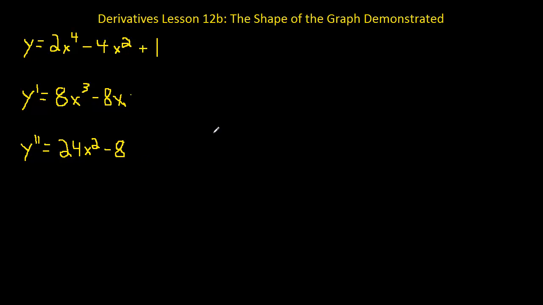So let's set these equal to 0 and see what we get. I'm going to copy these over here so that I can manipulate them. The point of what we're doing here is we have to be able to tell where we have critical points and what the graph is going to look like without having the graph given to us, using only calculus.